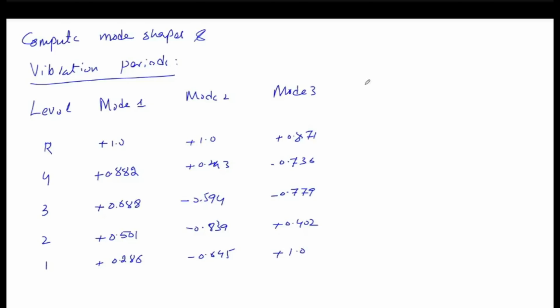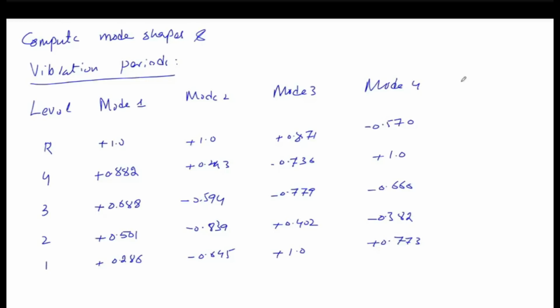Okay. For mode 4, minus 0.570, plus 1, minus 0.660, minus 0.382, and plus 0.773.